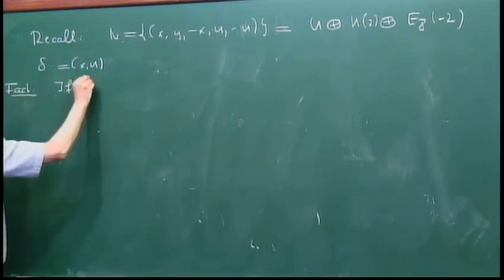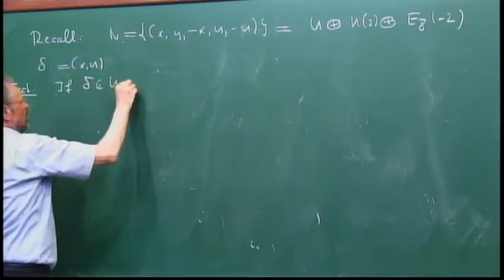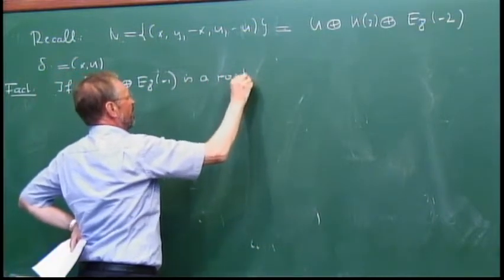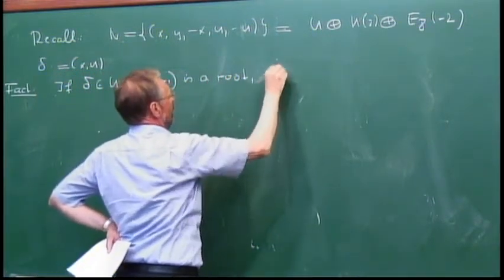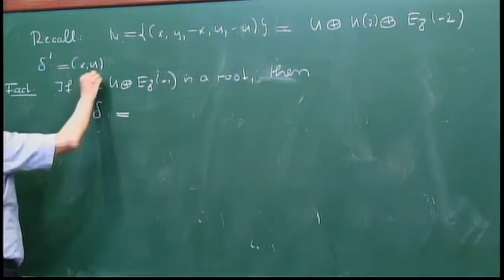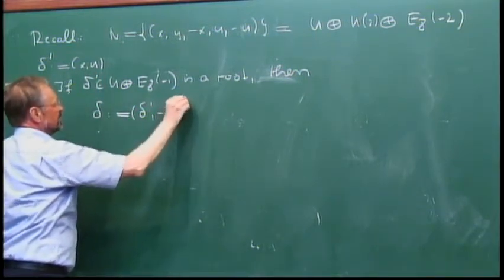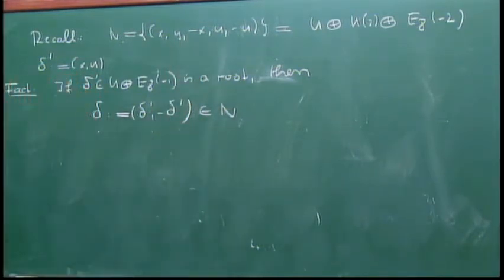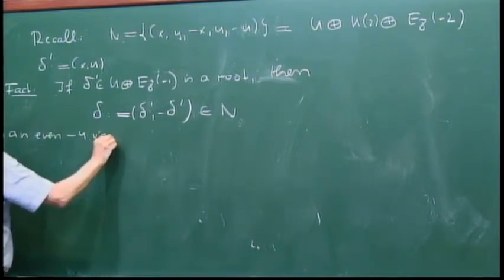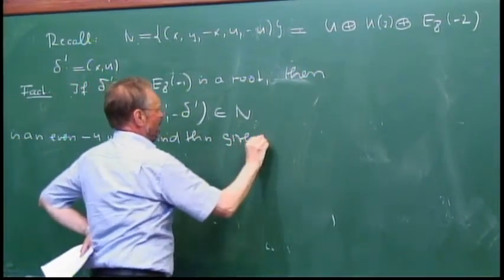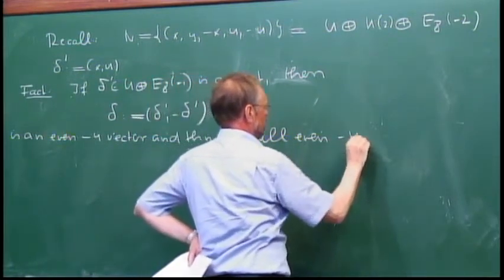If delta in u plus e8 minus 1 is a root, then delta prime and minus delta prime, which I think of as sitting in n in an obvious way, is an even minus 4 vector, and this gives all even minus 4 vectors.